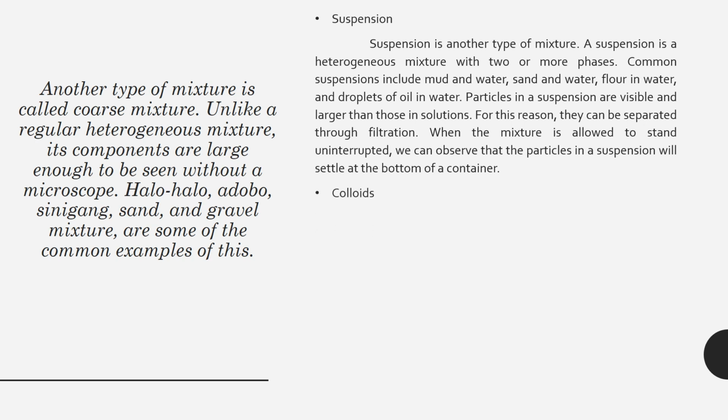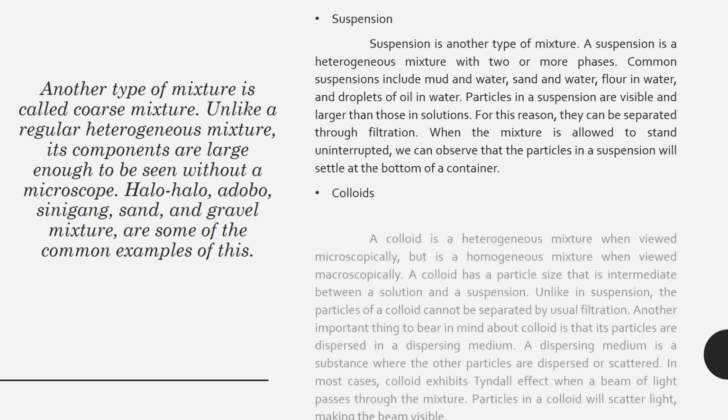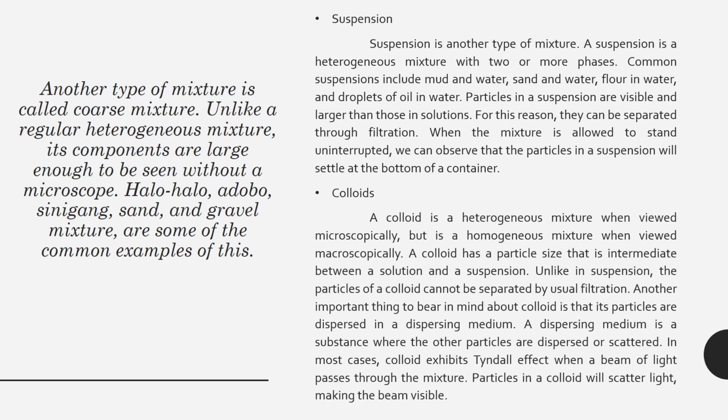Another one is colloids. A colloid is a heterogeneous mixture when viewed microscopically, but is a homogeneous mixture when viewed macroscopically. A colloid has a particle size that is intermediate between a solution and a suspension.